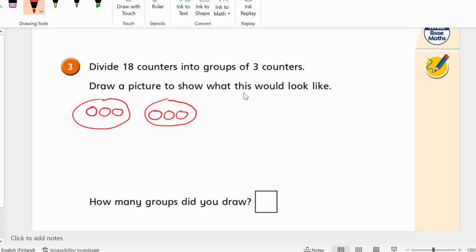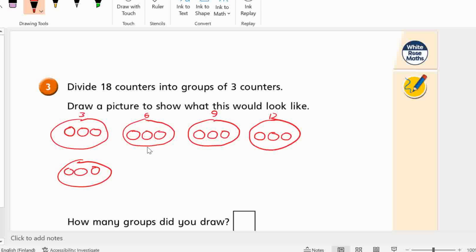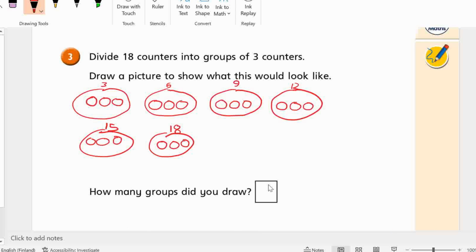Then 7, 8, 9, 10, 11, 12, 13, 14, 15, and then 16, 17, 18, and there we go. There we've got our 18. How many groups did you draw? So how many groups are there? 6, yes, 6 groups.